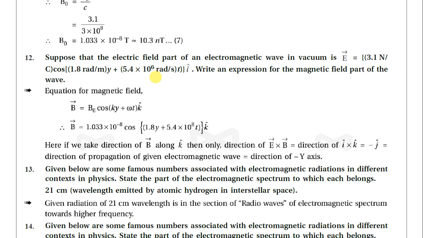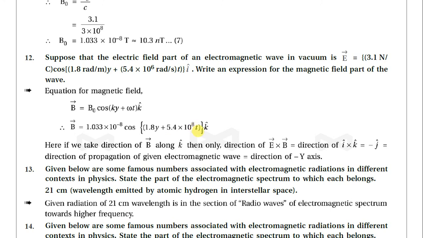So now the equation for the magnetic field is B = B0 cos(ky + ωt) k cap. Due to this phenomenon we get the value 1.033 × 10^-8 T cos(1.8 y + 5.4 × 10^6 t).